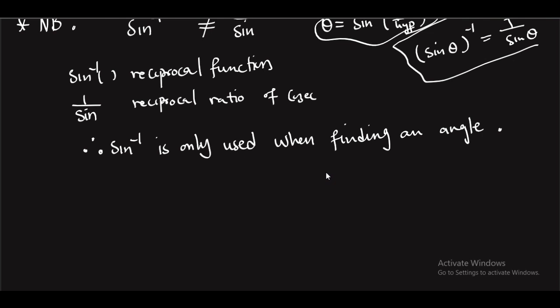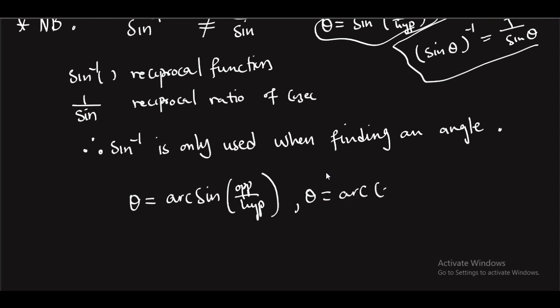Sometimes you'll see that other textbooks say theta equals arc sine of opposite over hypotenuse. If we wanted to find an angle using cos, we are going to say arc cos of adjacent over hypotenuse.